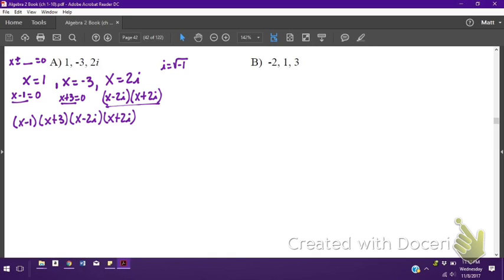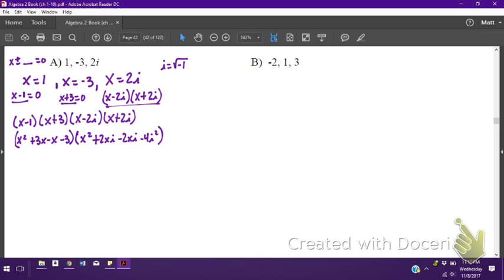So let's FOIL the first two together. So I get x squared plus 3x minus x minus 3. If I were to FOIL the second ones together, I get x squared plus 2xi minus 2xi minus 4i squared.